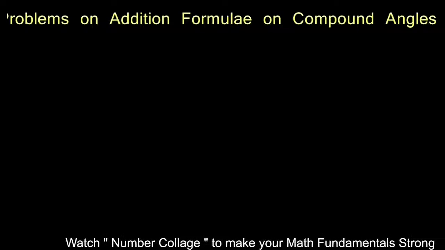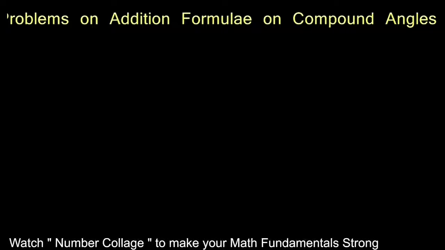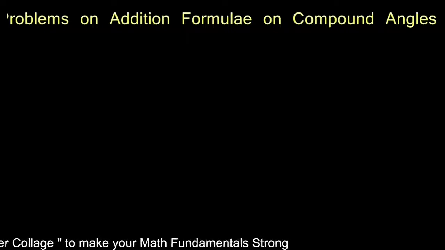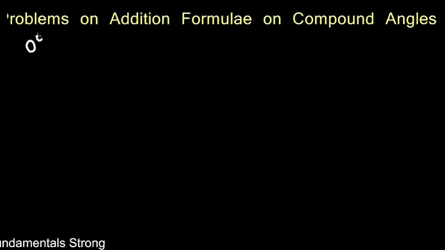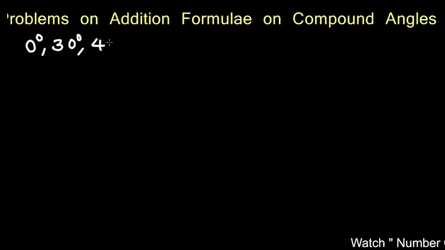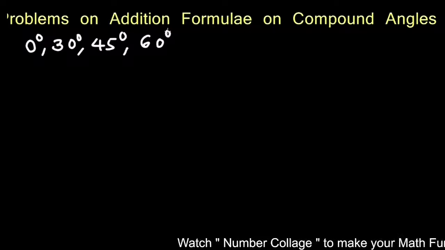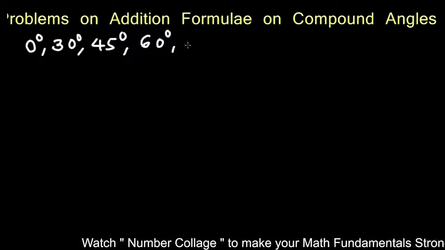Now we will see how we can solve problems on addition formulae on compound angles. In my earlier videos on trigonometric functions, we have seen how to find trigonometric values of the standard angles such as 0 degrees, 30 degrees, 45 degrees, 60 degrees, and 90 degrees.